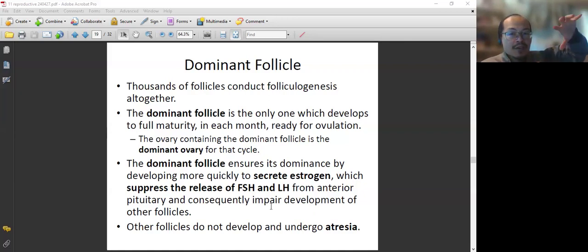These thousands of follicles will grow. All of them will grow, but only one will go through to the end. Only one will be matured enough to get ovulated. The others will die out. So through each menstrual cycle, thousands of the eggs will get used, but only one goes to the end.